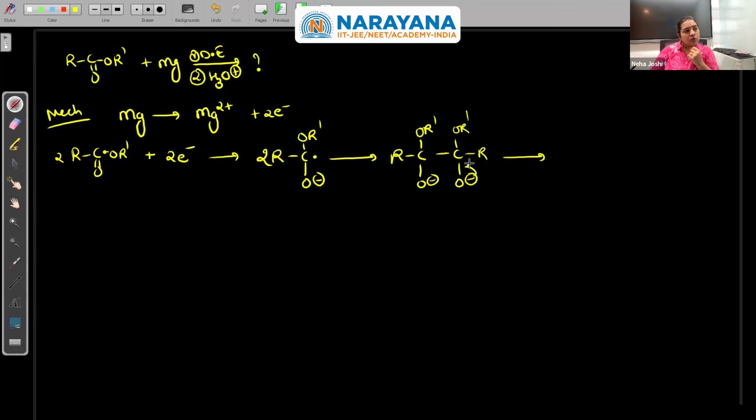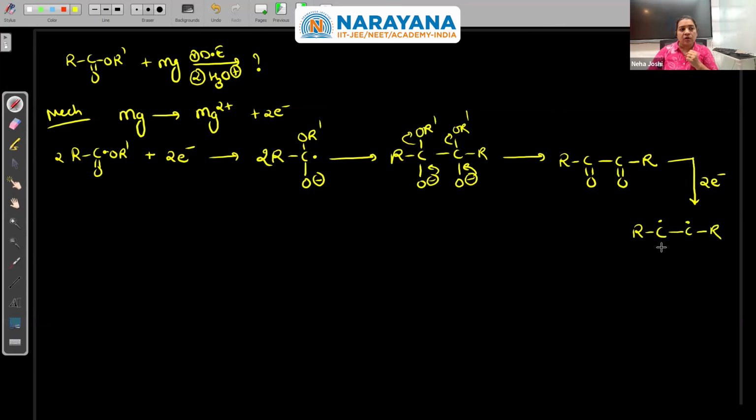Now when they go back, OR dash is gone, because acid derivatives always want to behave like this. Again 2 electrons are added. So RC dot, C dot R, O minus, O minus.